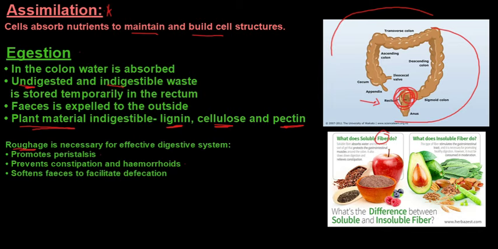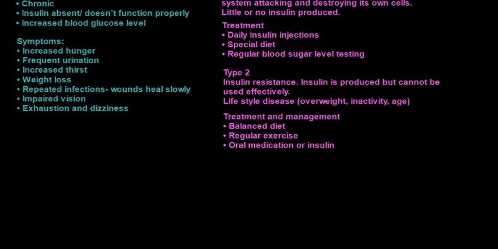The feeling that you need to go to the bathroom is because as this undigested and indigestible food gets stored in the rectum, it presses against the walls of the rectum, and that triggers some of the neurons, and that sends a message to your brain telling you that it's time to go. But if you don't understand what a neuron is, don't worry, you will learn about that next year.